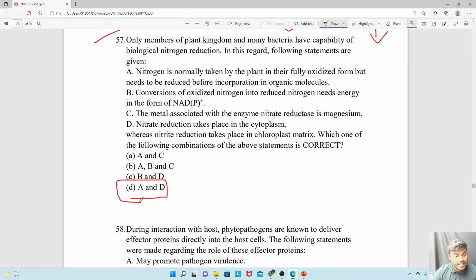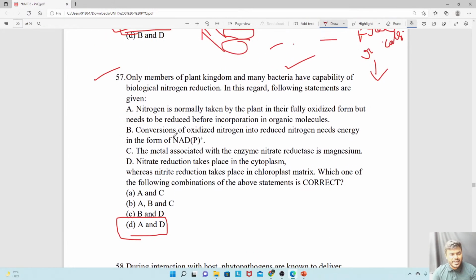Option D. Friends, we discussed, right? The metal associated with the enzyme nitrate reductase is not at all magnesium. It actually requires molybdenum. So option C will be absolutely a wrong statement.